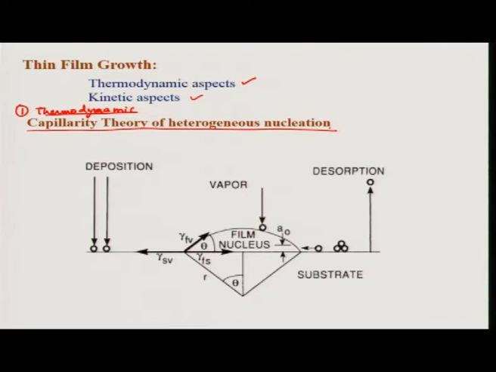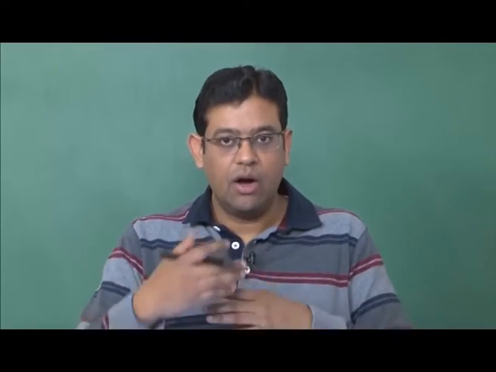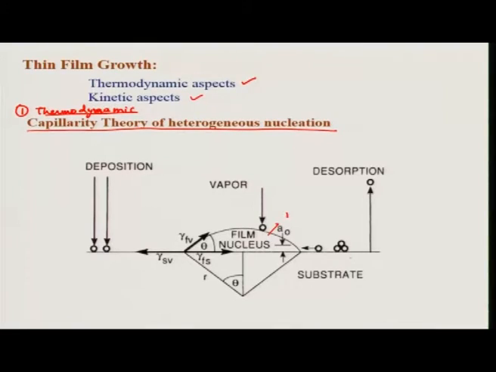But that is homogeneous nucleation in a supersaturated solution or supersaturated vapor phase. Now, this is heterogeneous nucleation, which means a nucleus of a different material is nucleating on a substrate of a different material. So, there are two different materials involved. The nucleus material is different and the substrate material is different.